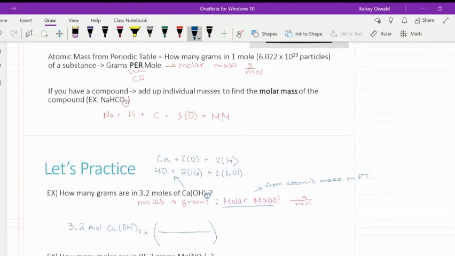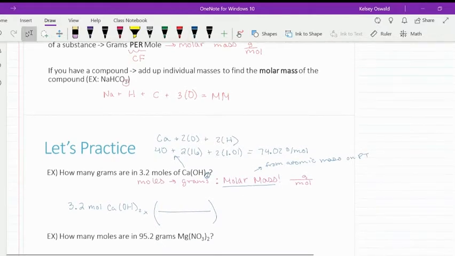And we'll find that our molar mass here is 74.02 grams per mole. So what that tells us is that 1 mole of this substance has a mass of 74.02 grams. Okay. We can use this molar mass then as a conversion factor.